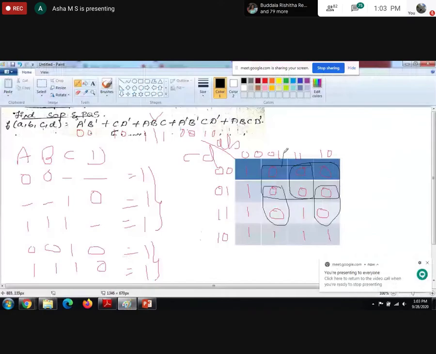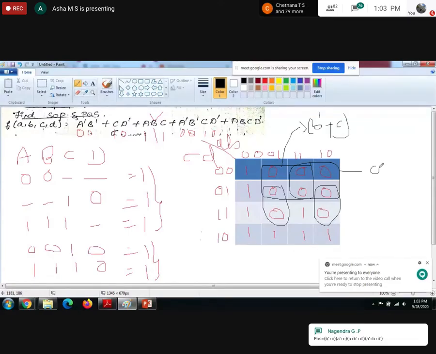So for this quad, you will be getting B bar plus C bar. Sorry, B bar plus C. For this quad, you will be getting A bar. B will get cancelled.